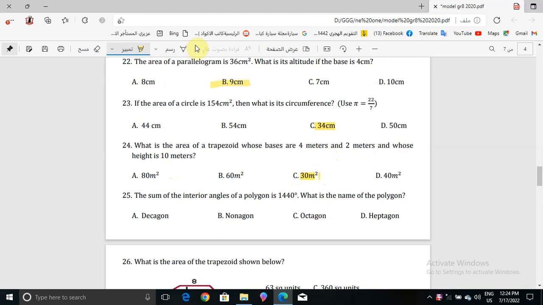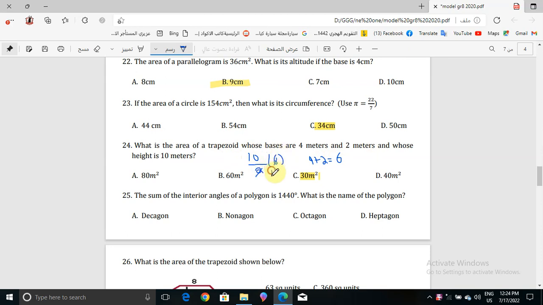Why? Because here we have 4 meters and 2 meters. So that means 4 plus 2 will give us 6 meters. Then we will use the formula, which will be 10 over 2 times 6.